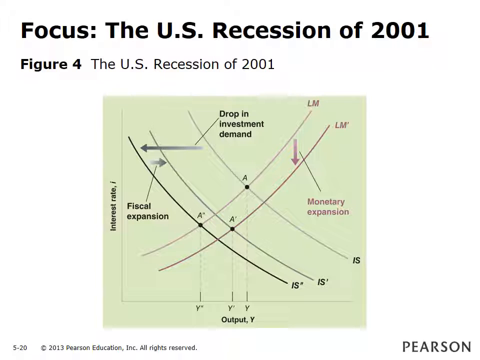At the same time, expansionary monetary policy shifted LM to LM prime. Economy finally settles at A prime. Output is lower and interest rate is lower compared to A, indicating a recession, but it was much higher than at A double prime, the level that would have prevailed in the absence of policy responses.